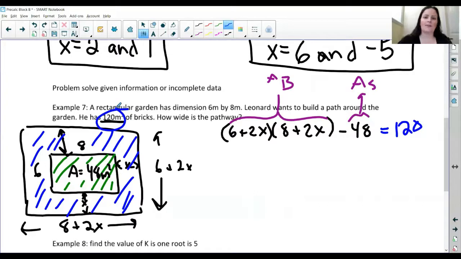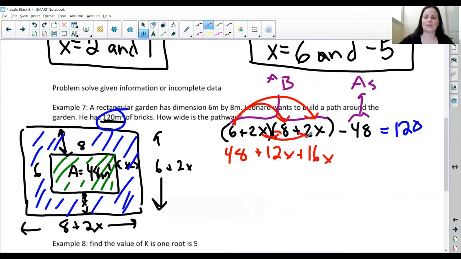Okay. If you like, pause the video here and see if you can do it on your own. All right. 6 times 8 is 48. 6 times 2x is 12x. 2x times 8 is 16x.